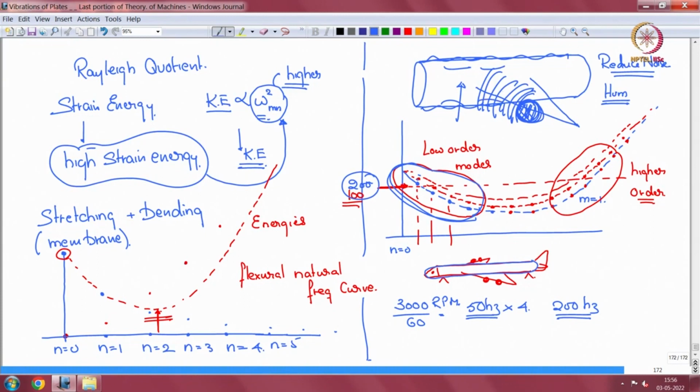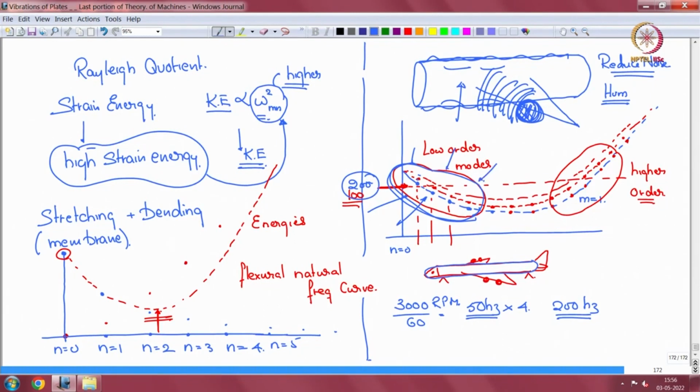Okay. But suppose now you have some strategy of reducing these modes, by some active means, where you put shakers or acoustic speakers inside the cabin and try to reduce it. Now nature is not very forgiving. You may be able to attack the structure and reduce these lower order modes, reduce their amplitude, thereby reducing noise.